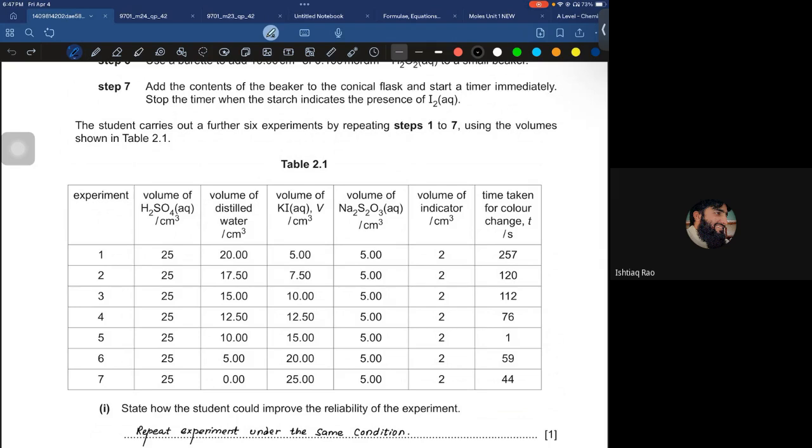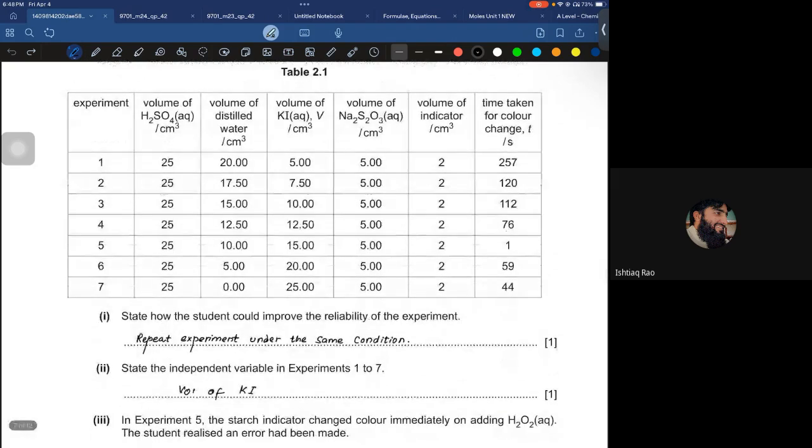Of course, if your handling is not good, you may add 5.01 centimeter cube. It would cause an error. After repeating it, you can improve your experiment, and it would affect your result as well. So what I did: repeat the experiment under the same conditions.